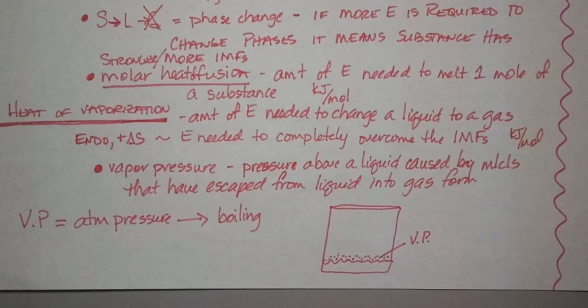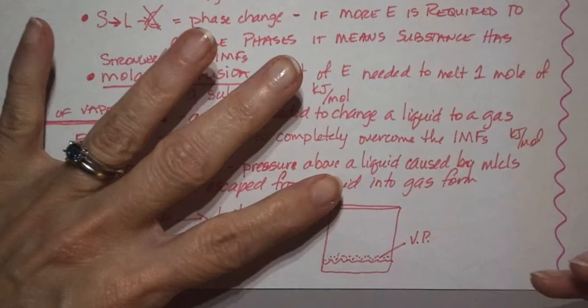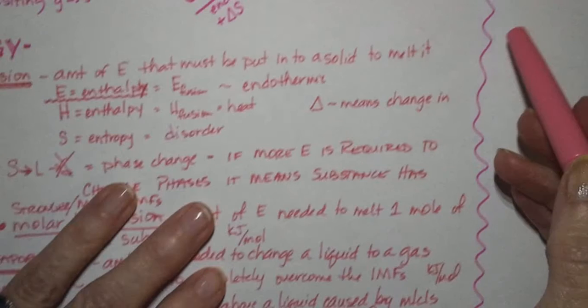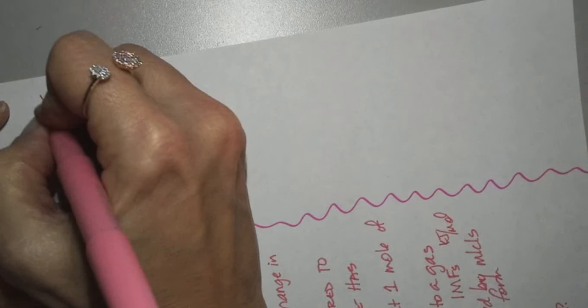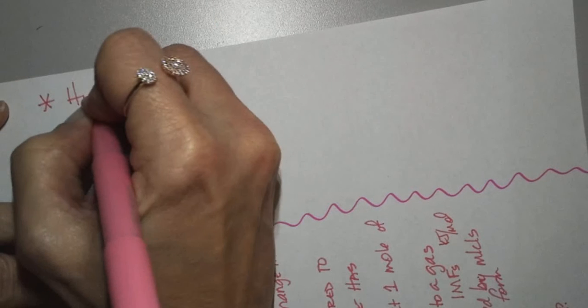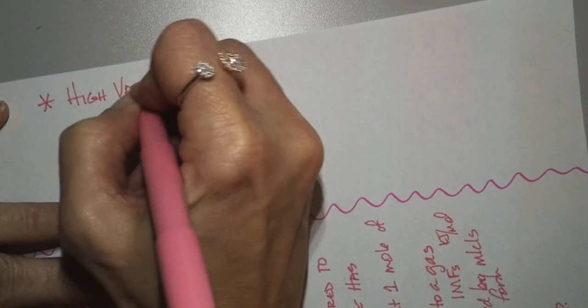Now, this is something they're going to ask you about, and this is one of those conceptual things. You can't calculate it or anything like that. I've pushed a little bit of stuff to the side over here, made a little spot here, and I'm going to turn it sideways and write this. If there's a high vapor pressure, it means there's a lot of gas, there's a lot of the liquid that's changed to a gas.